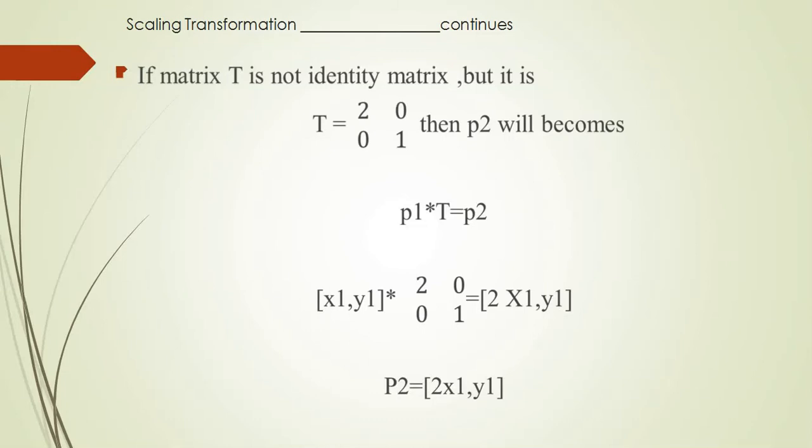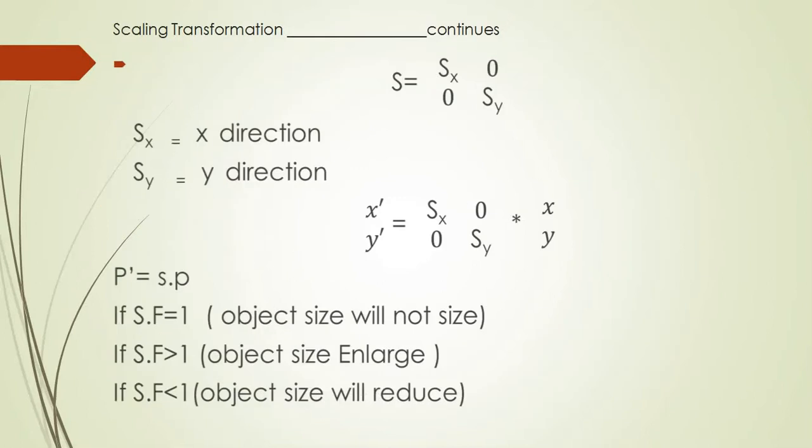In other terms, we can change the width and height of any object along the x-axis and y-axis. Here two scaling factors are used, Sx and Sy. Sx is the x direction and Sy is the y direction.